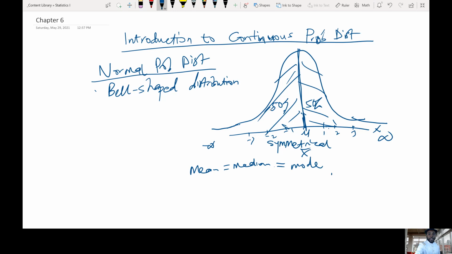And this shaded area to the left side is 0.5, and to the right side is 0.5. And at the center, we have the mean is equal to the median and equal to the mode. So that is also the normal distribution shape. So that's the shape.